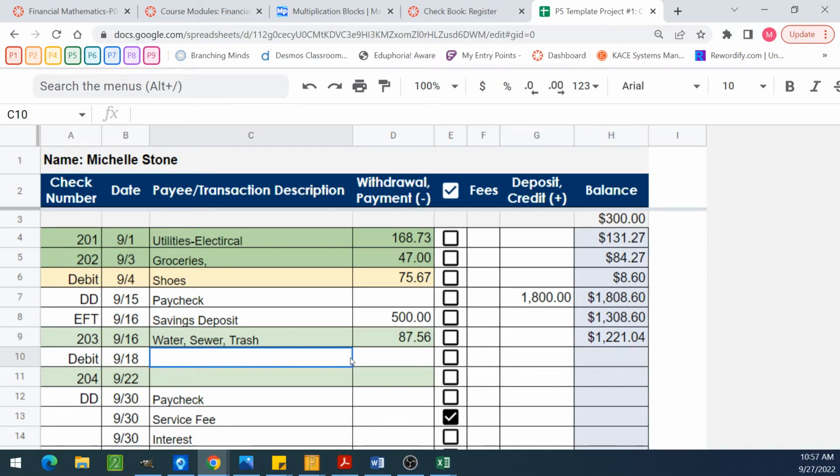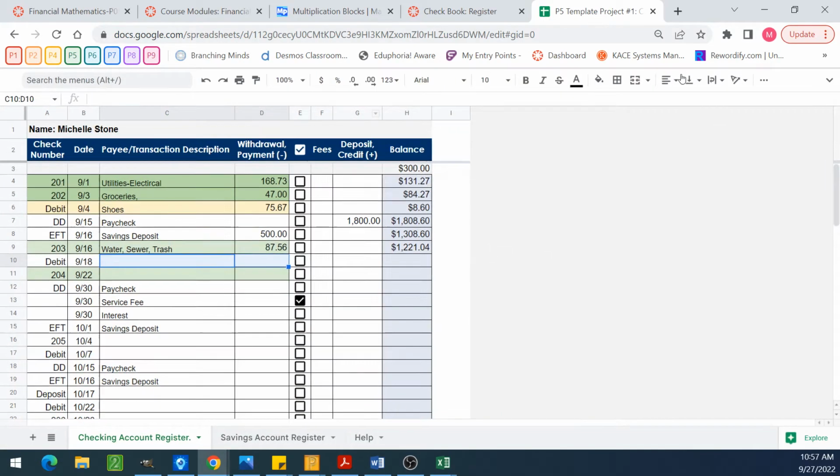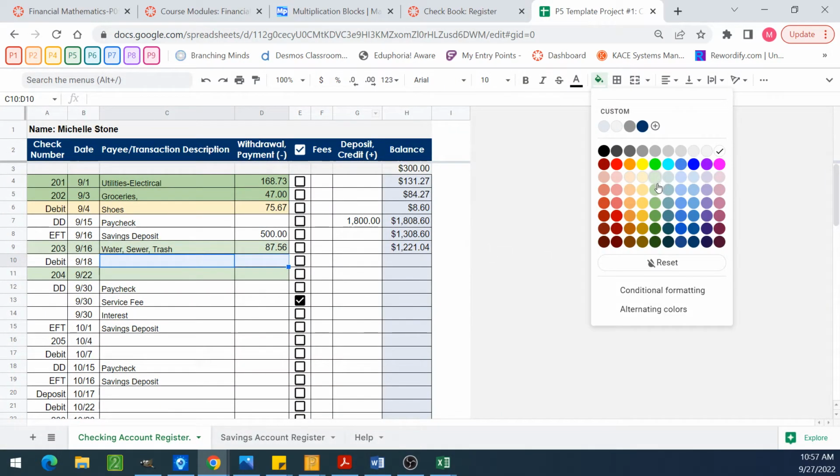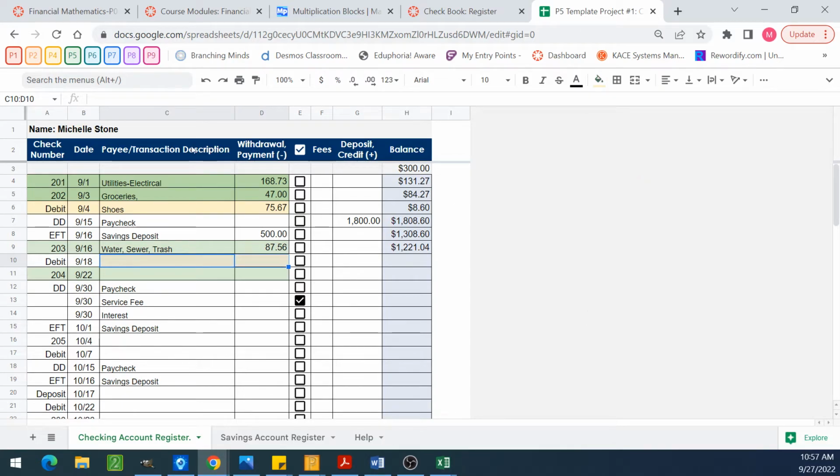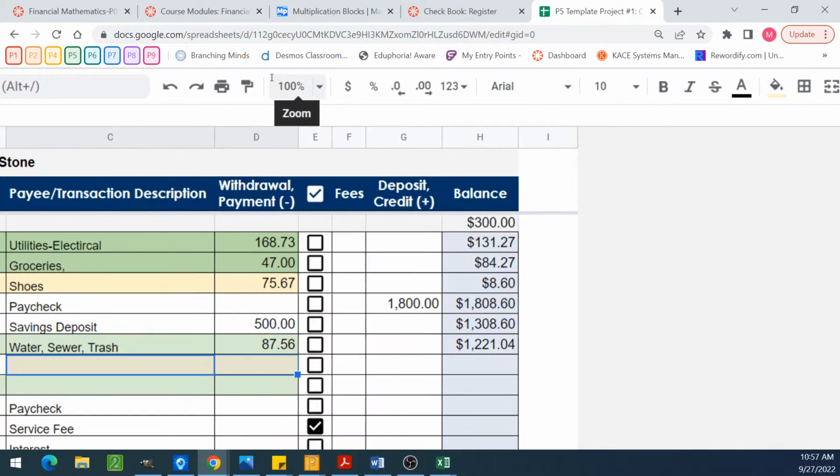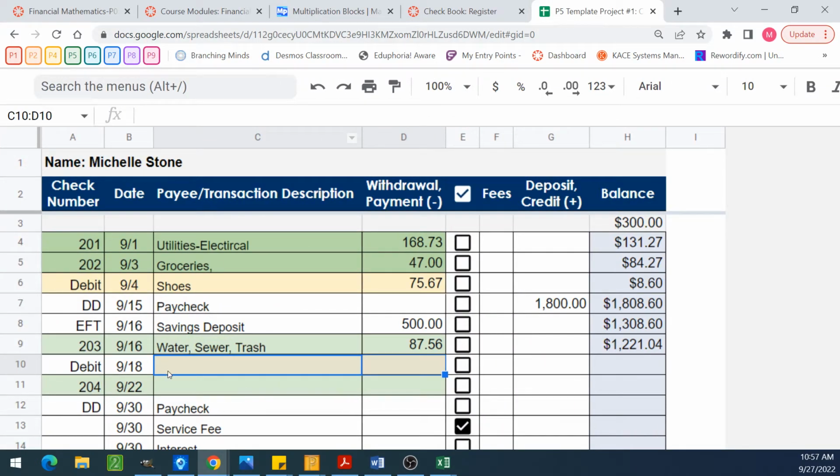Debit, give me something you'd spend money on, you guys. Give me something. That's fair. Whatever you spend money on, bud. Okay, for me, I just did a shower door replacement. It cost me $189.99.